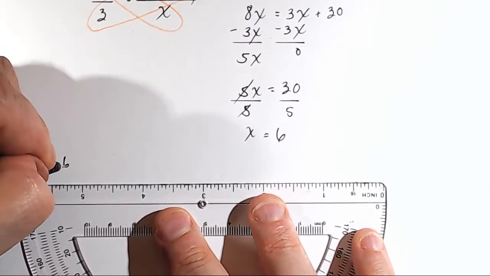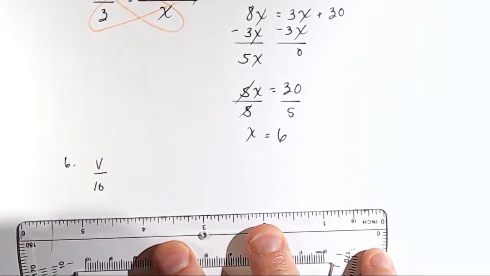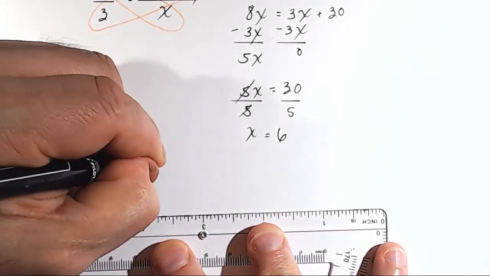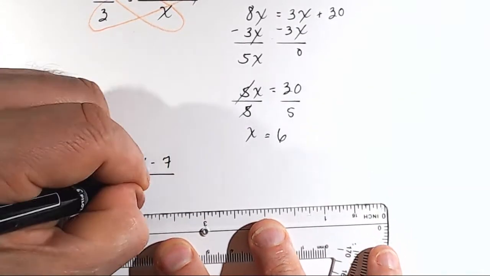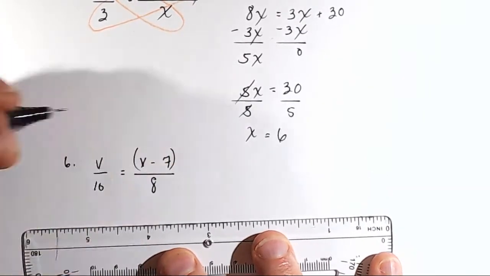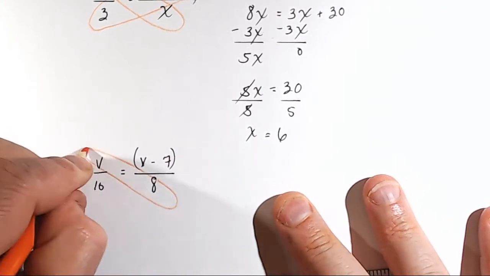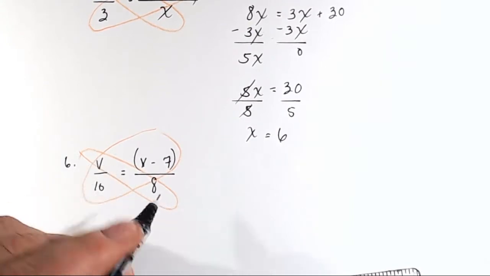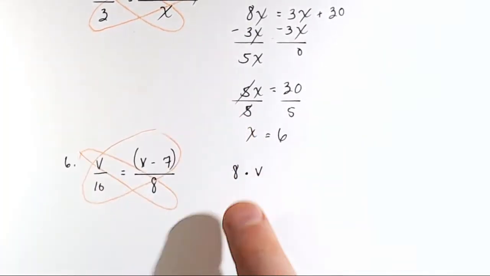Number 6, moving right along. V over 10 equals (V minus 7) over 8. Put this in parentheses, butterfly, no worries. V times 8, well, that's just 8 times V. We like to put the number in front.